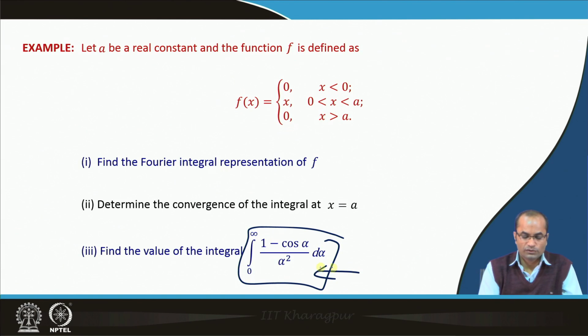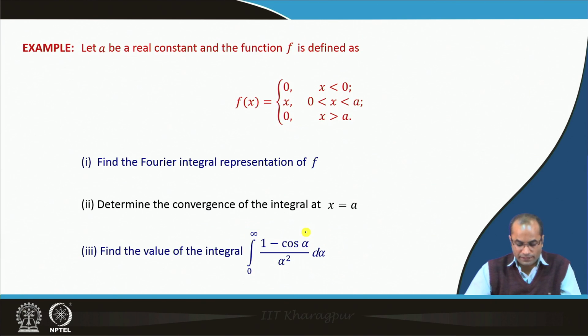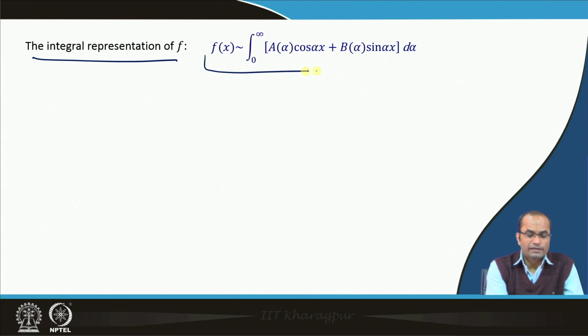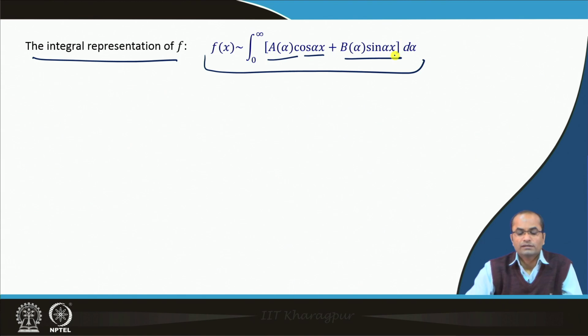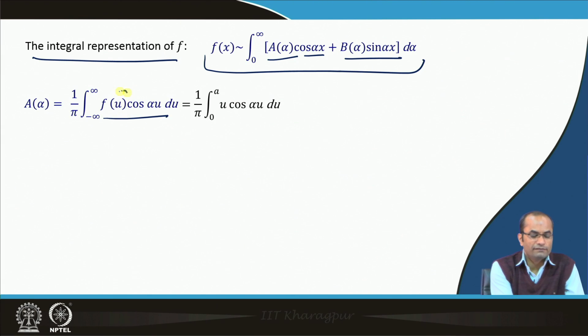As you notice, this is not a trivial integral to evaluate, but using this Fourier integral representation and the convergence theorem, it can easily be obtained. The integral representation of f will be given by a(alpha) cos(alpha x) and b(alpha) sin(alpha x), where a(alpha) is given by this integral, and this we can evaluate now.